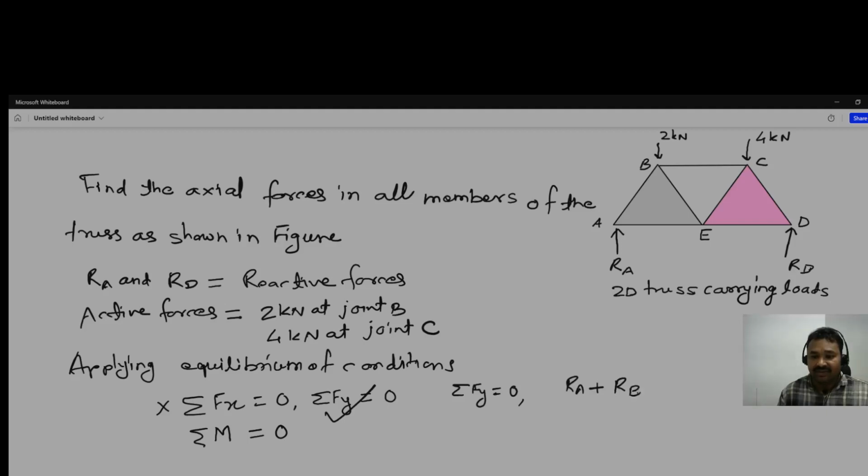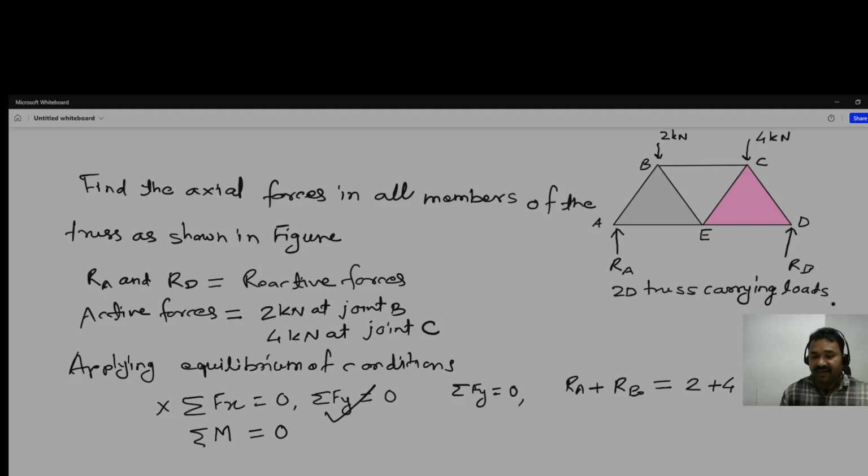So vertical forces we are taking positive direction, and the vertical upward forces RA, see the direction is upward, here also direction is upward, that's why positive values, and is equal to now 2 plus 4.